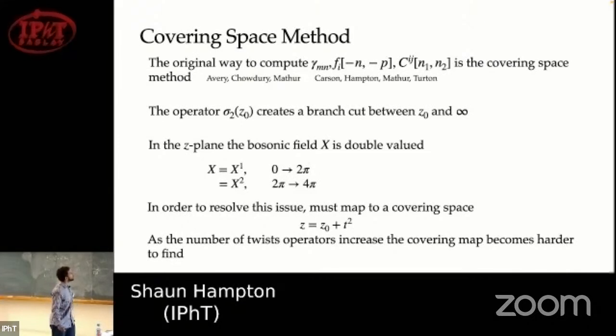It seems that S2 is also Z2 in a sense, because why don't you work with X1 plus X2 and X1 minus X2? X1 plus X2 would not be touched at all, and so this is only an abelian orbifold of X1 minus X2. You're right. Actually, I don't show that in the presentation, but you're basically talking about a symmetric combination of X1 and X2, which doesn't see the twist.